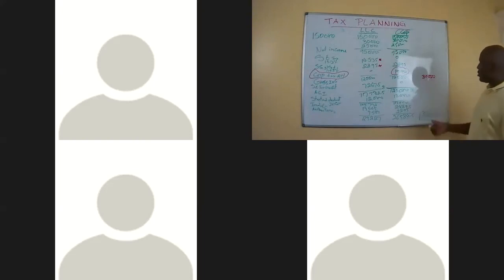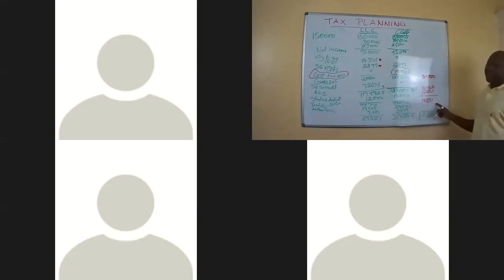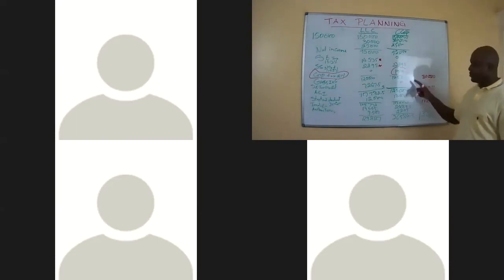So over here, I'll put $30,000 in this area to align them. She's still taking the standard deduction, right? So the taxable income is $18,000, as opposed to taxable income right here, same entity structure, $113,000. I want you guys to see.